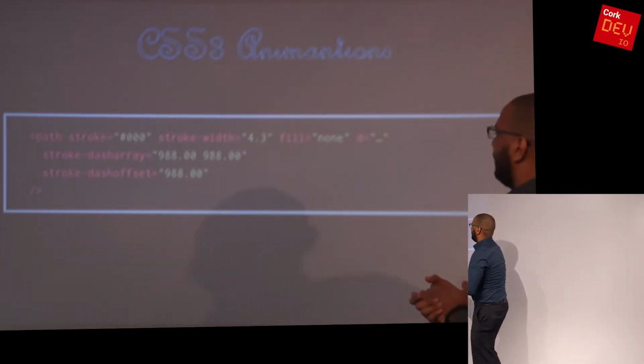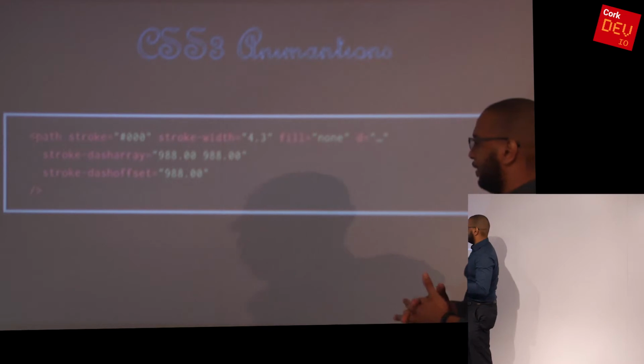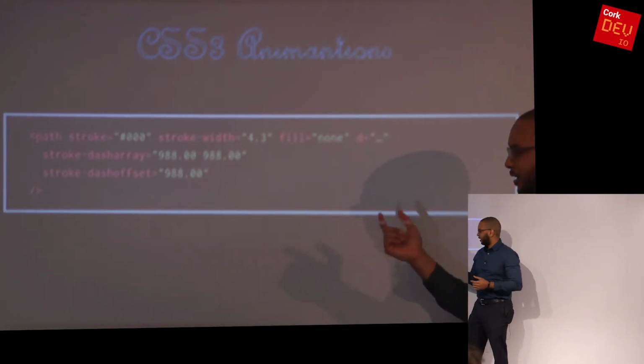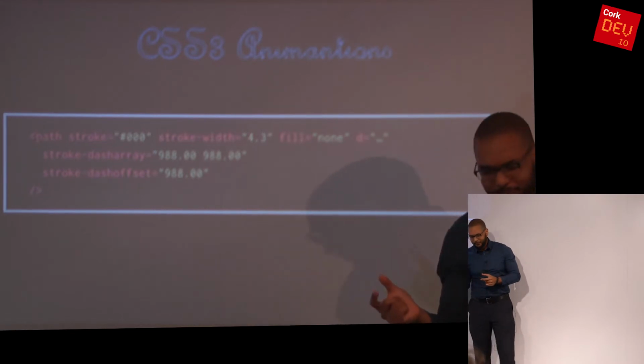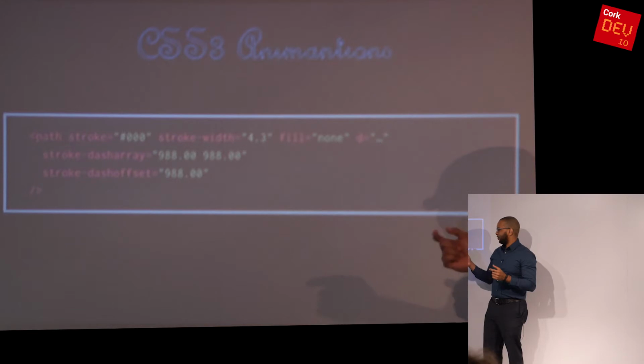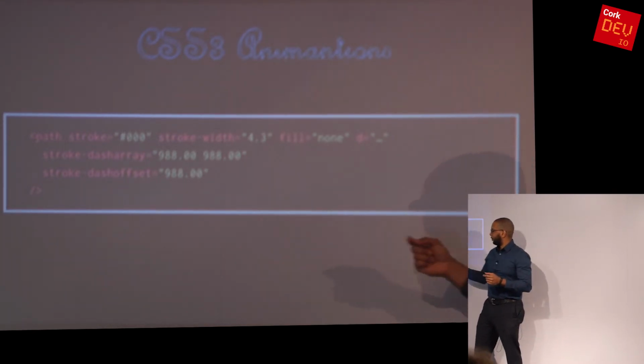When you define a path on an SVG, you can define the dash array for it. If you pass something other than 0, you're going to have a dashed line instead of a continuous line, and you pass two values to it.